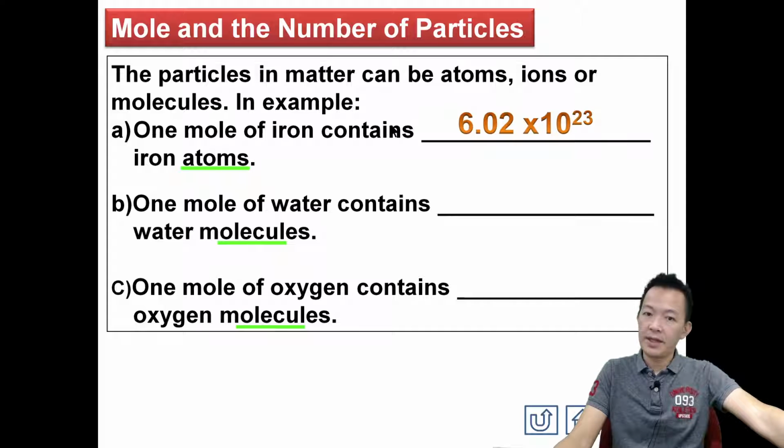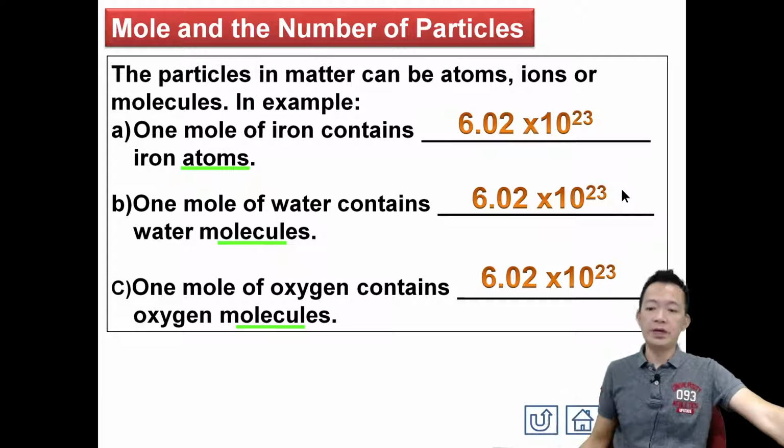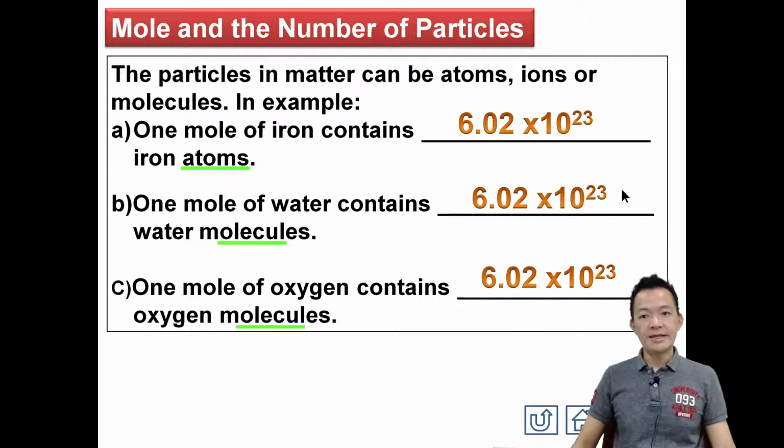So 1 mole of iron contains 6.02 times 10 to the power 23 iron atoms. 1 mole water contains how many water molecules? It contains 6.02 times 10 to the power 23 water molecules. 1 mole oxygen contains how many oxygen molecules? 1 mole 就是一次的 6.02 乘10 to the power of 23.